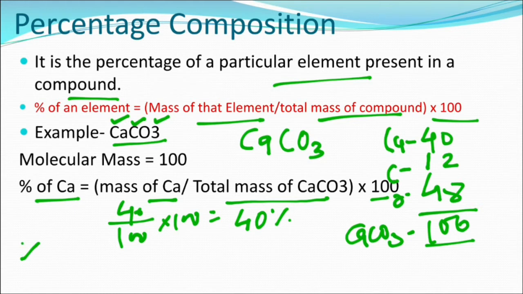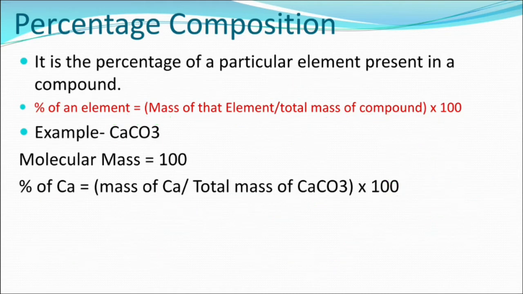Similarly, the percentage of carbon will be 12 by 100 into 100, means 12%. And the percentage of oxygen will be 48%. Okay, so I hope you are very clear about the percentage composition.